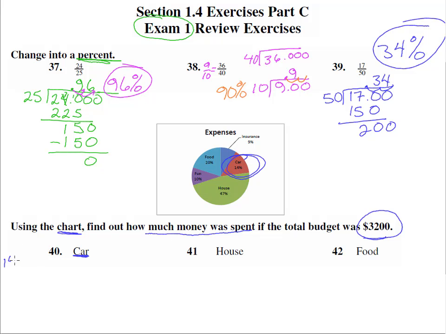So we've got to do 14% of $3,200. 3,200 times 0.14. Remember, that's 0.14. This is times 3,200. So let's see if we can get that one. 4 times 0, 4 times 0, 4 times 2, 4 times 3 is 12.